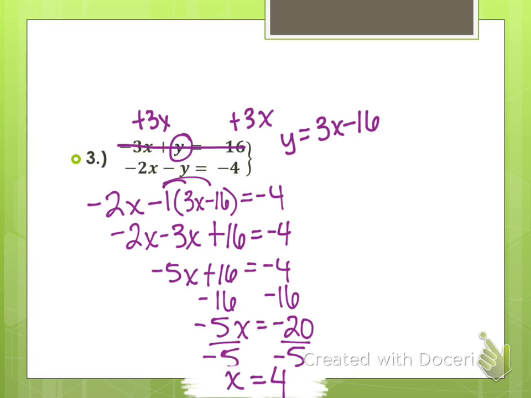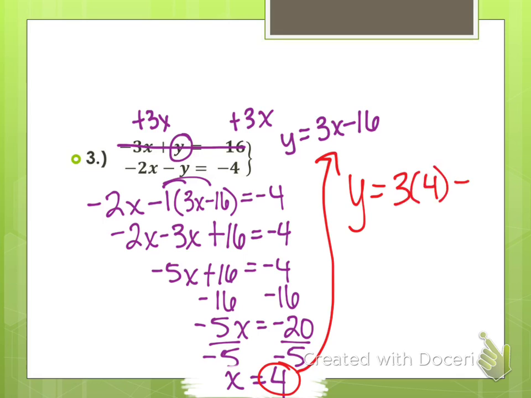We are not finished. We still need to get which variable? Y. We've got x, now we have to find y. So we're going to take this value for x and plug it back in so that we can figure out what the y is.